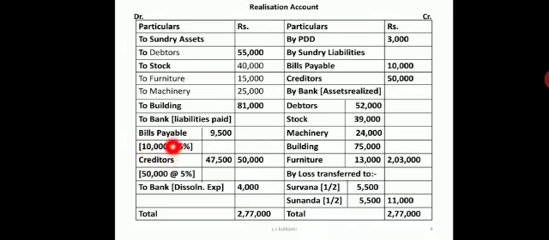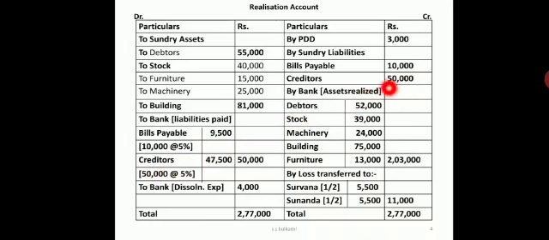The total bills payable is 10,000. 5% of 10,000 gives me 500 discount. So 10,000 minus 500, the total bills payable will amount to 9,500.